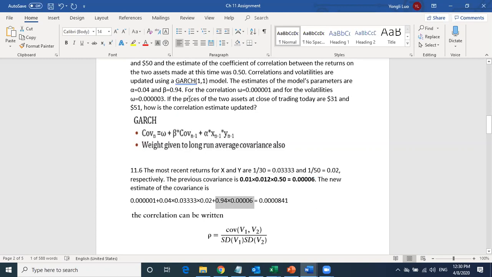Then you add alpha, which is 0.04, times the product of the returns of the two assets, 0.033 and 0.02. Basically using this GARCH model, you have now estimated the current covariance.